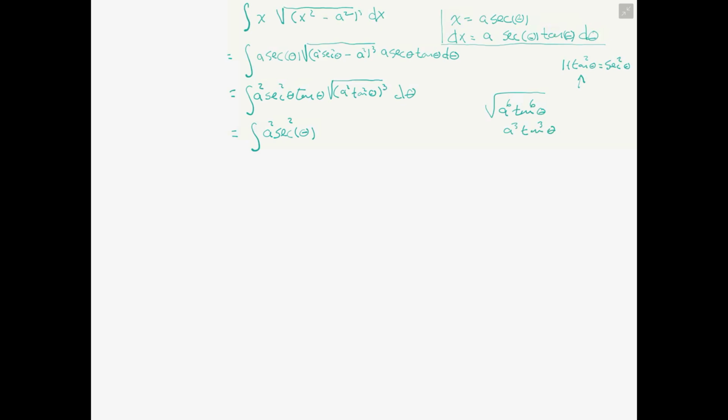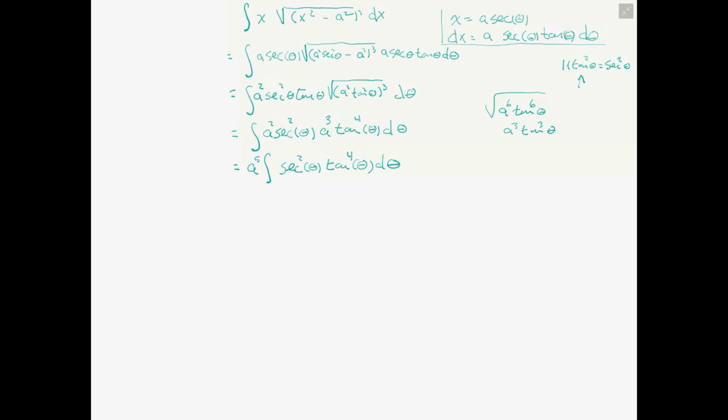So we have that multiplied against tangent, so we have a to the third, tangent to the 4th, theta d theta. Okay, now we bring out the a to the 5th, and we have secant squared theta, tangent to the 4th, theta d theta.